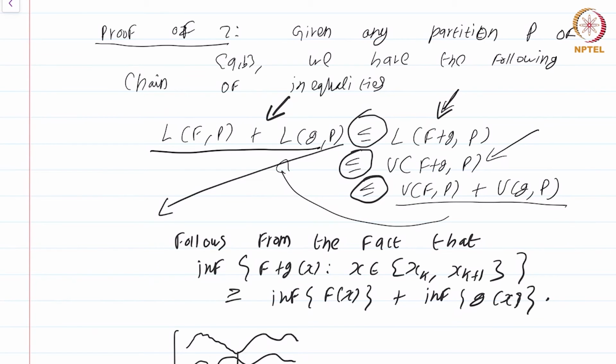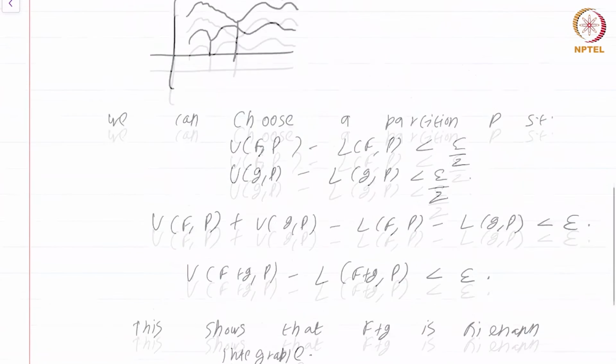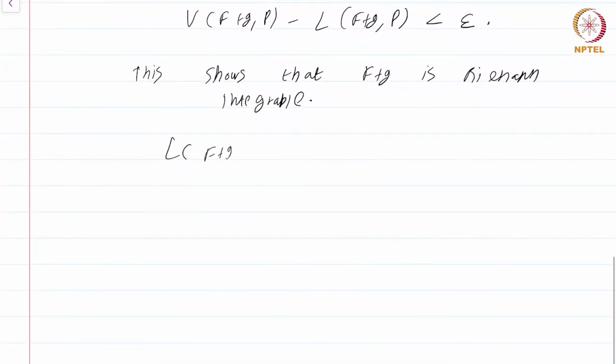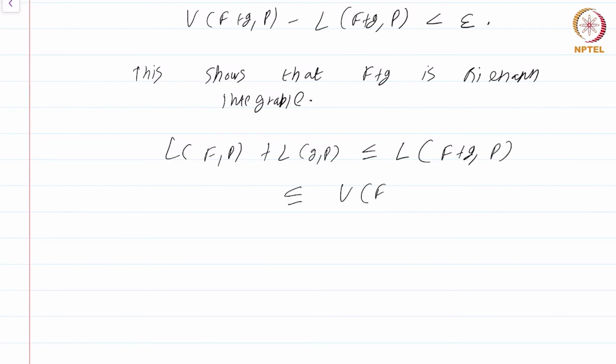But as you run through all partitions, we still have the inequalities L(f,P) plus L(g,P) is less than or equal to L(f+g,P) is less than or equal to U(f,P) plus U(g,P). I'm just taking part of these inequalities. So we are going to take the supremum as you run through all partitions of the quantity L(f+g,P). That's what we are going to do.